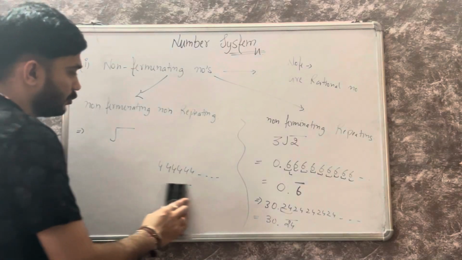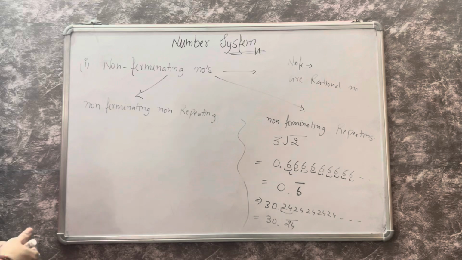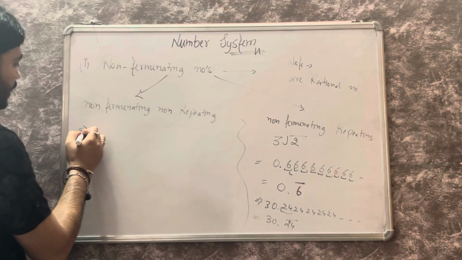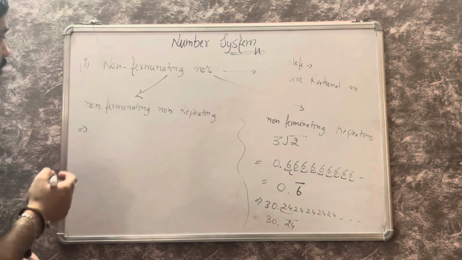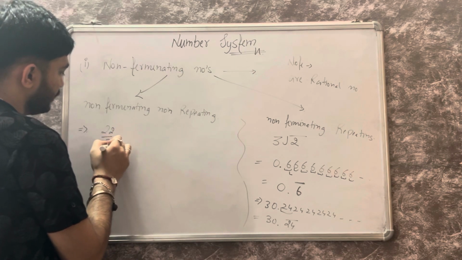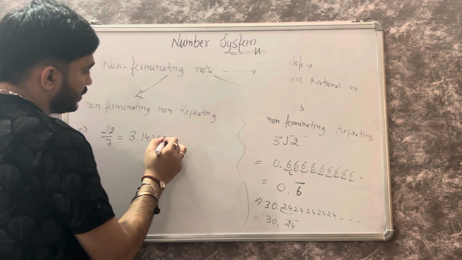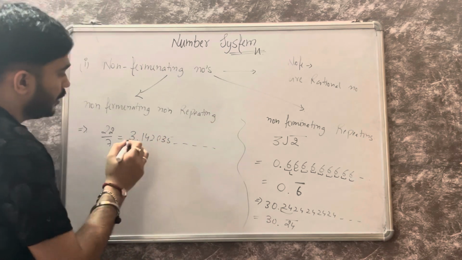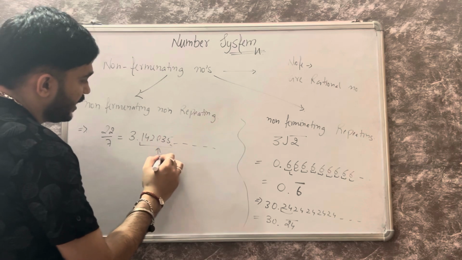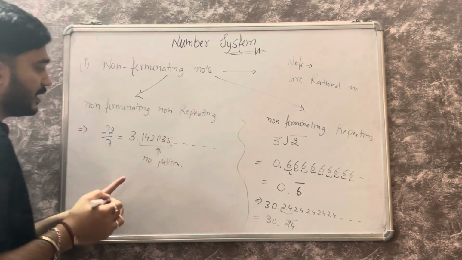Now let us move forward and know what are non-terminating and non-repeating numbers. Non-terminating and non-repeating numbers are those numbers in which if we divide any number, that is 22 by 7, you will get 3.142835 and so on, so that you don't find any pattern. No pattern here.